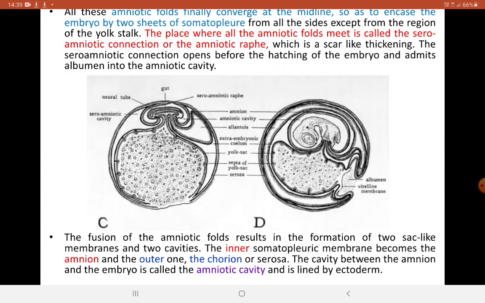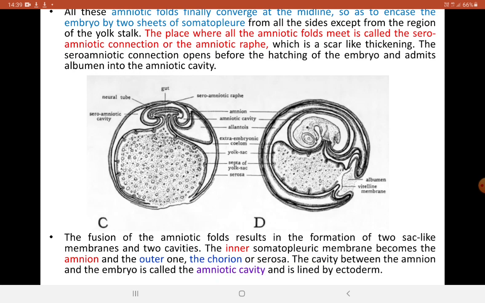Now I hope you understand how these two layers were formed. Because of doubling of that somatopleure layer. When this happened, it resulted in two sac-like membranes and two cavities. The inner somatopleure membrane becomes the amnion and the outer one becomes the chorion.